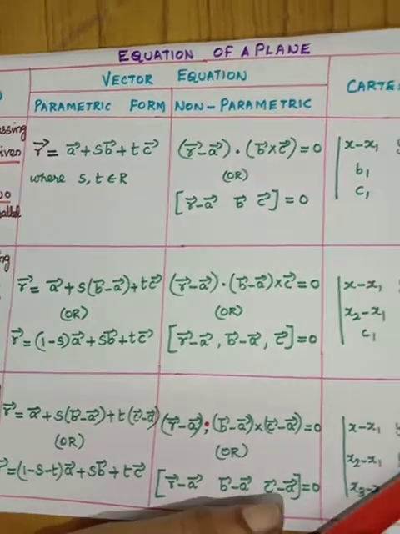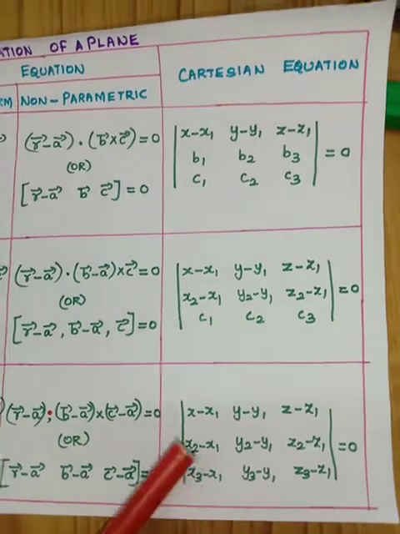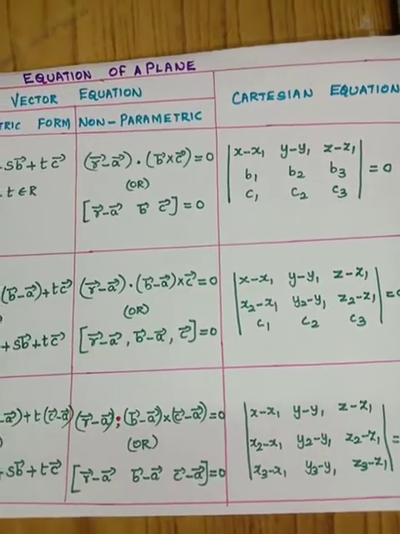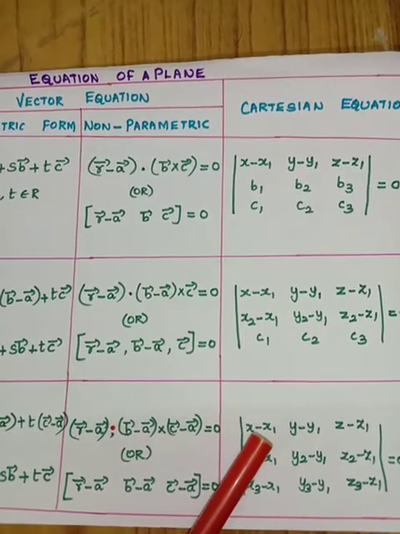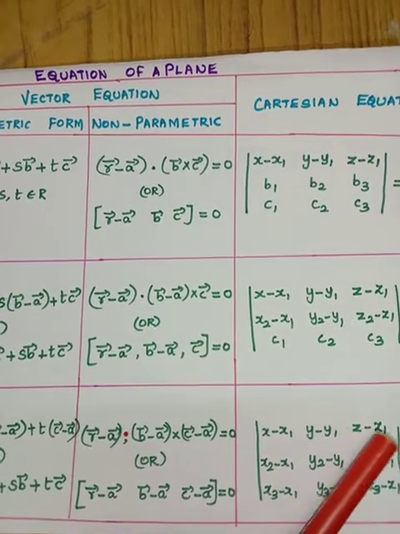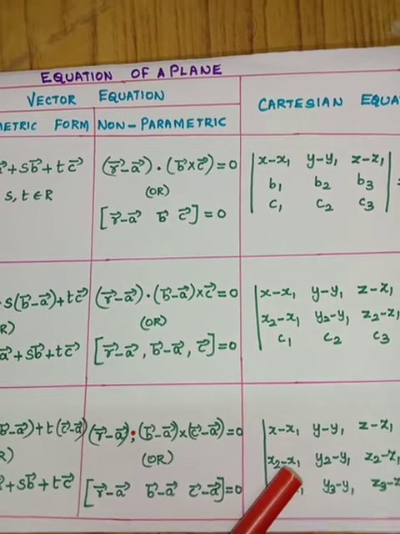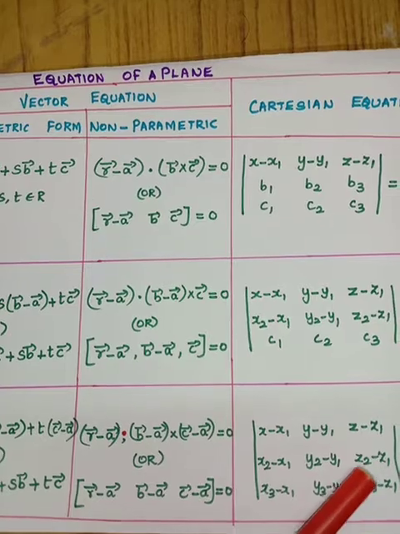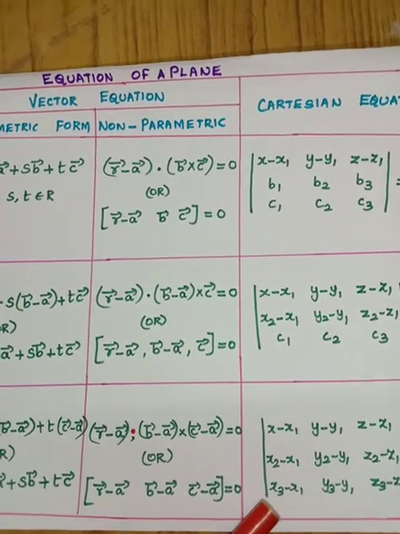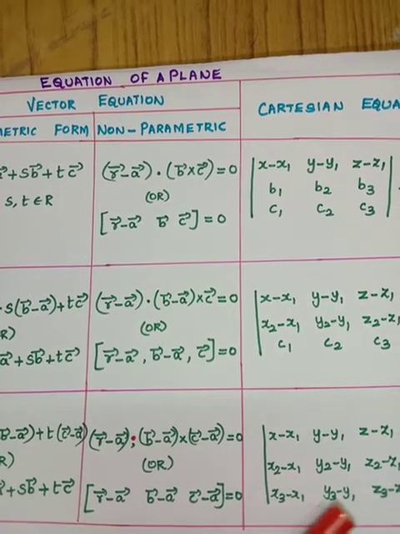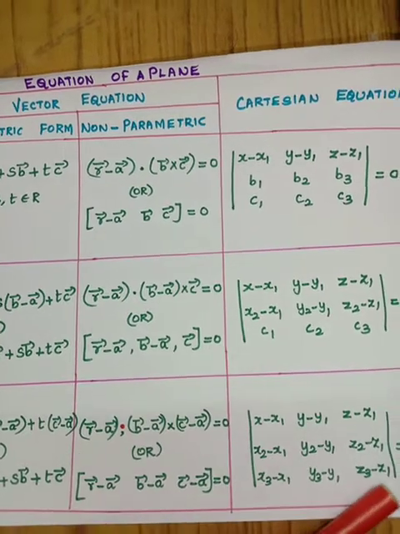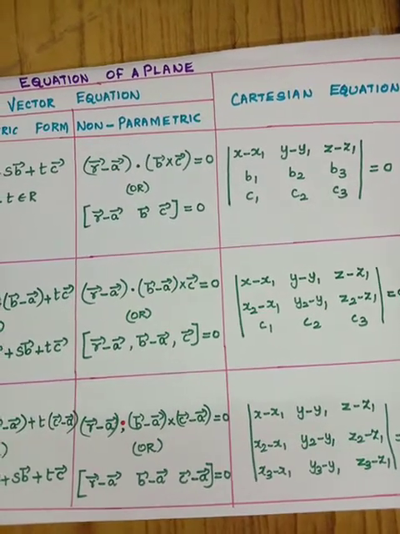So it is nothing but the Cartesian form, a determinant, where all three are passing points: x minus x1, y minus y1, z minus z1, x2 minus x1, y2 minus y1, z2 minus z1. Next row, x3 minus x1, y3 minus y1, z3 minus z1 is equal to 0.